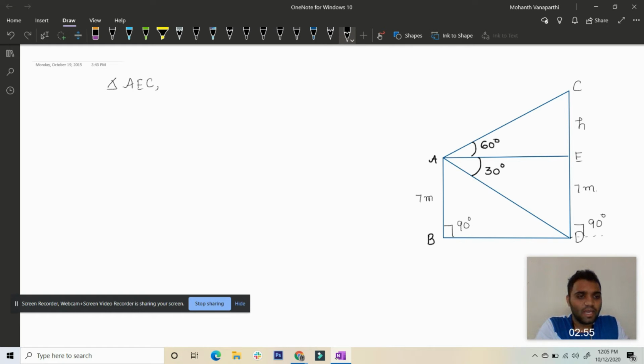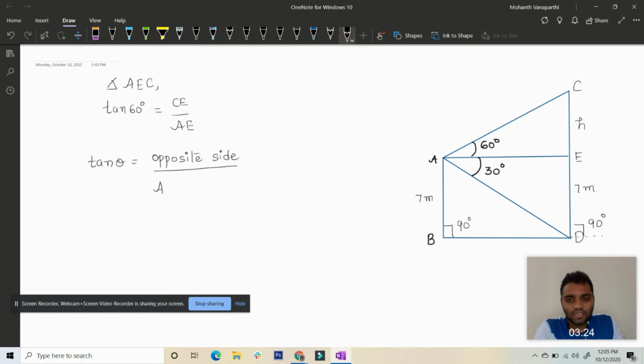In triangle AEC, tan 60 is equal to CE divided by AE, as we know that tan theta is equal to the length of the opposite side to theta divided by the adjacent side.